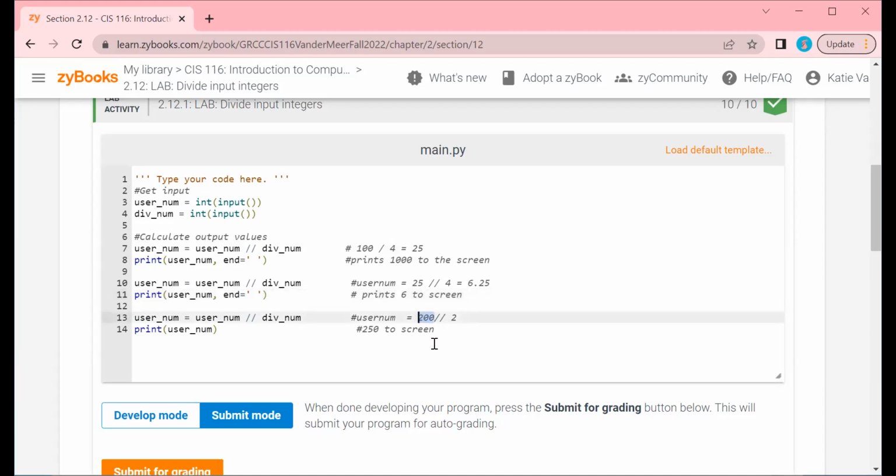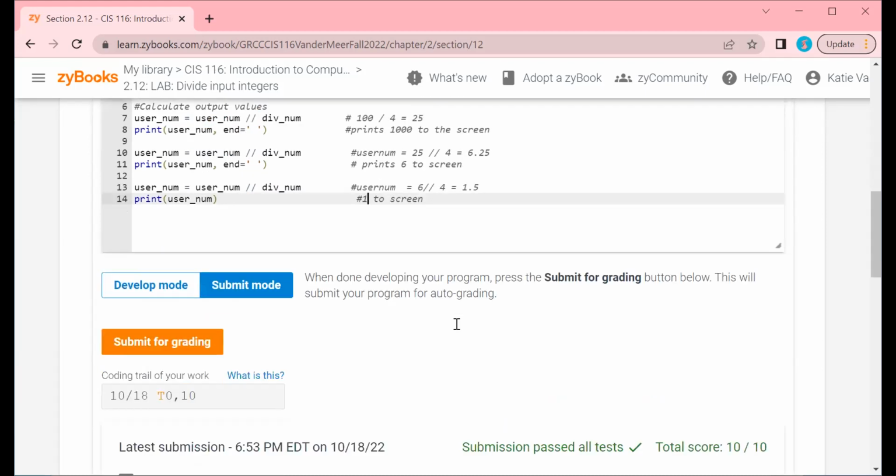Now here we have 6 as our user number and 4 is our division number. So 6 divided by 4 is equal to 1.5. And then 1 gets printed to the screen because again, it ignores the decimal.